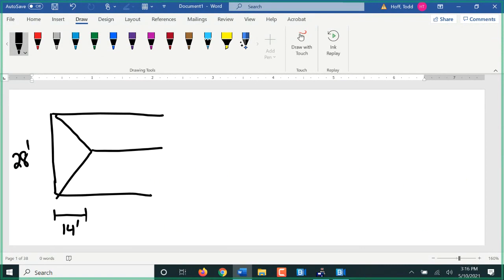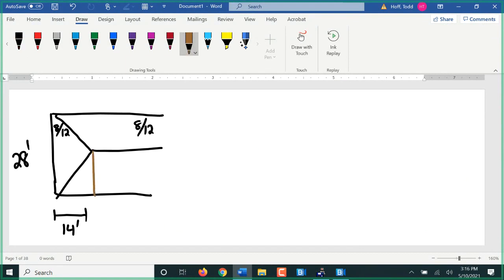Now, setback's important because it tells us how our slopes relate. In this case, that setback of 14 feet is half of our span of 28. This tells us these have the same slope. 12 slope on the main roof, 8/12 slope on the hip roof.